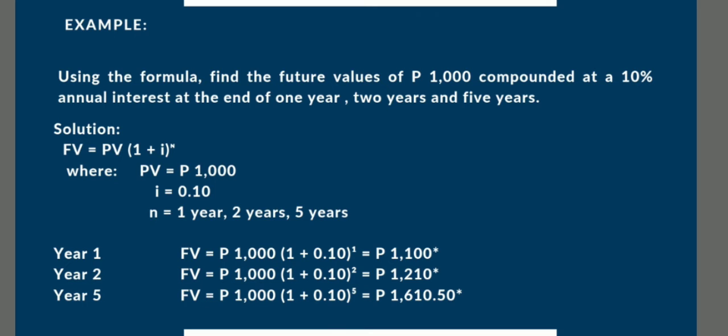In year 2, FV is equal to 1,000(1 + 0.10)^2, which is equal to 1,210. And lastly, in year 5, FV equals 1,000(1 + 0.10)^5, which is equal to 1,610 pesos and 50 centavos.